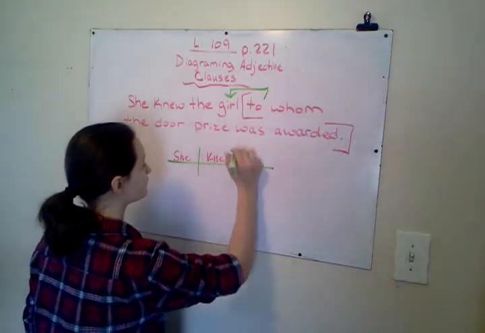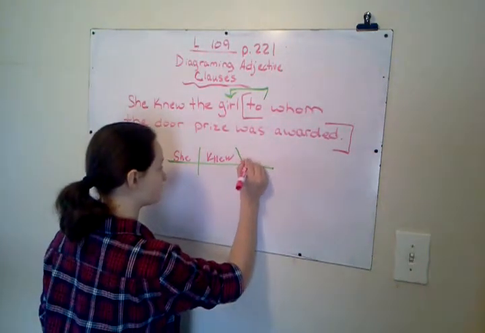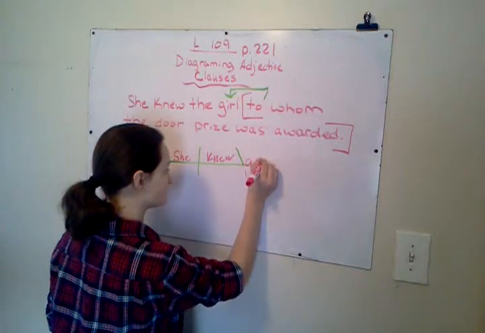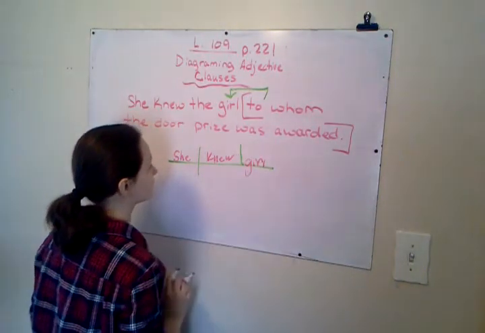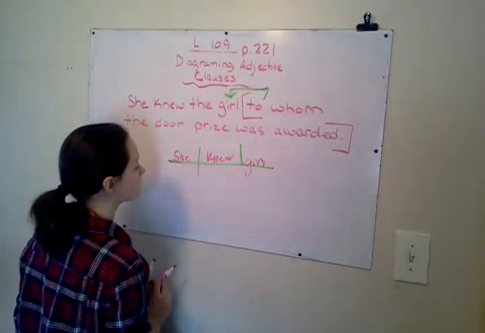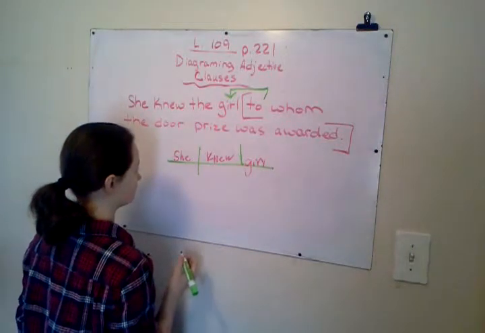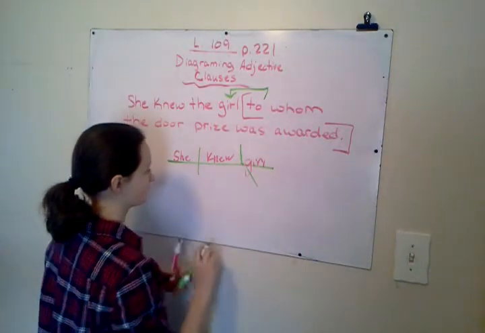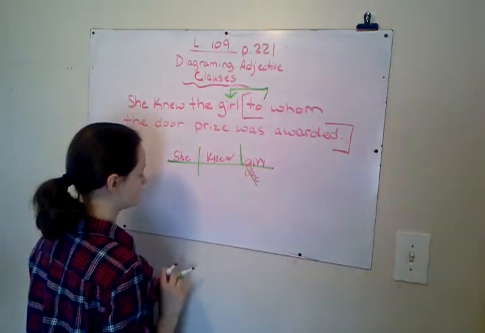She knew girl. So we make our direct object line, straight up and down, because it is an action verb. And then we have a modifier, the. So we can put our article adjective under the word girl, showing she knew which girl? The girl. Good, that's the main sentence.